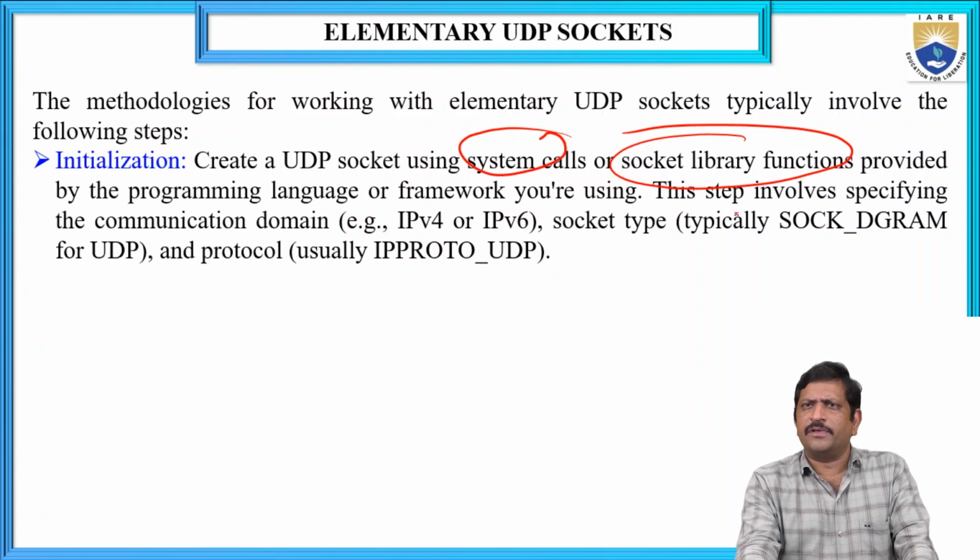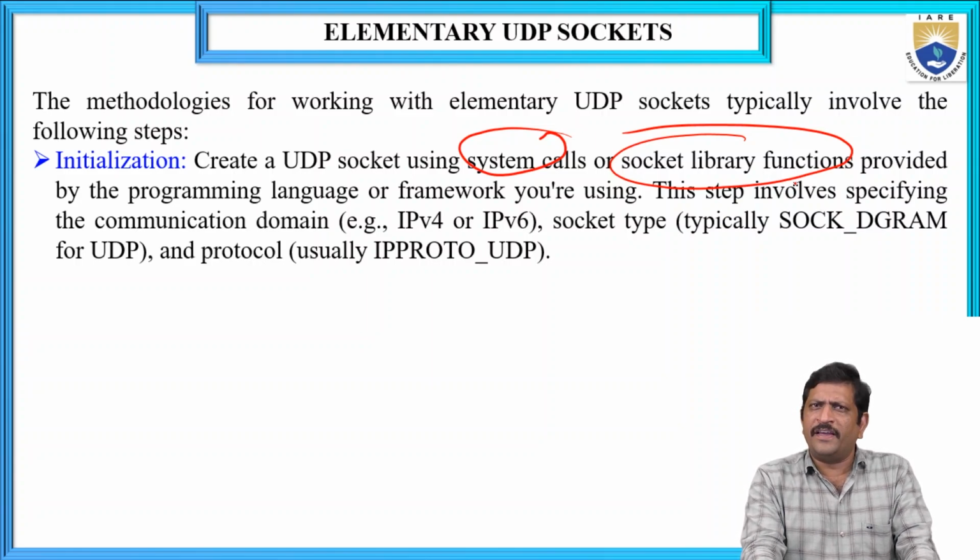Generally, these are the steps. First, specifying the communication domain. Generally in a communication domain we utilize IPv4 and IPv6, that means Internet Protocol version 4 and Internet Protocol version 6. By using these protocols we can establish effective communication.